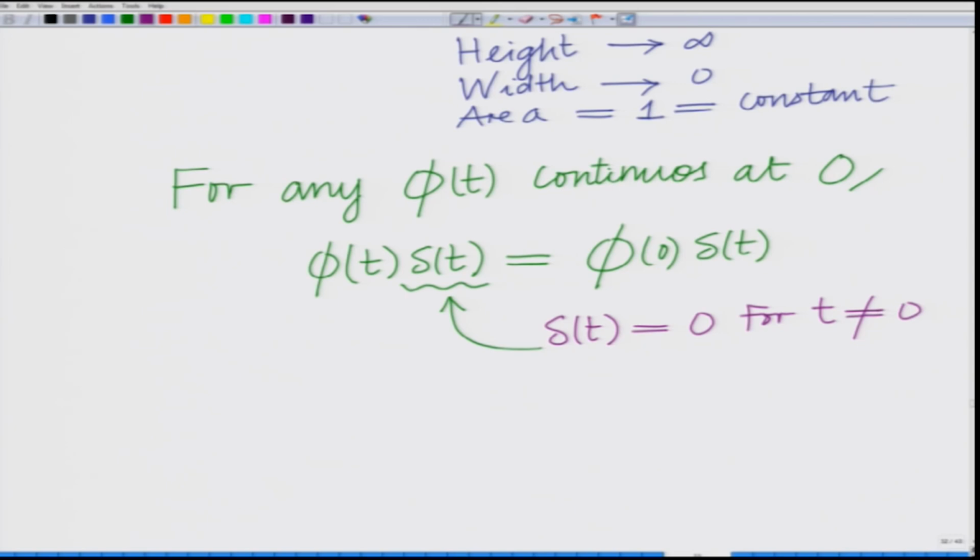So phi of t into delta t, when phi of t is continuous at 0, is simply phi of 0 times delta t.